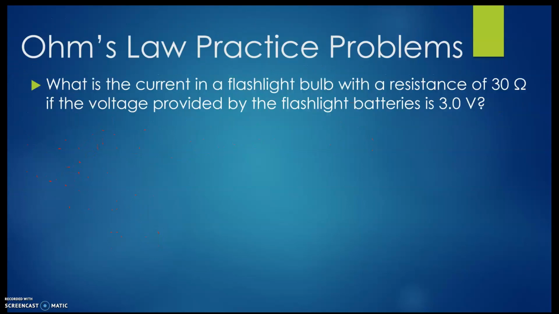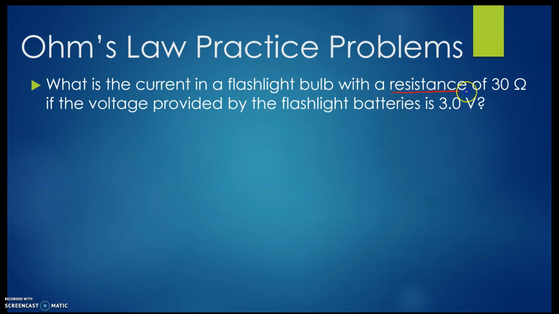Okay, let's look at our third problem here. It says, what is the current in a flashlight bulb with a resistance of 30 ohms if the voltage provided by the flashlight batteries is 3 volts? Okay, again, we want to write down the information that's given.